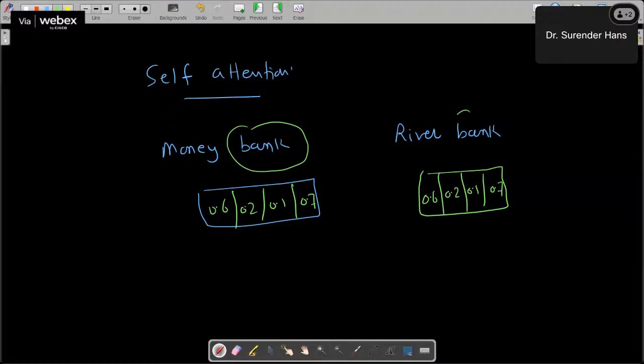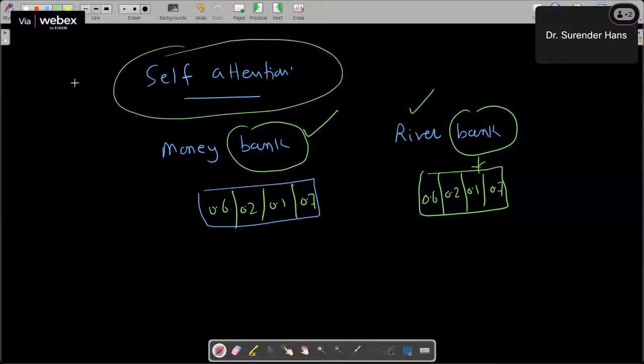And if this bank is coming in the context of a river, then it should be different from this bank. It should change dynamically, and this problem is solved by self-attention. So this converts the static embedding to a dynamic contextual embedding.